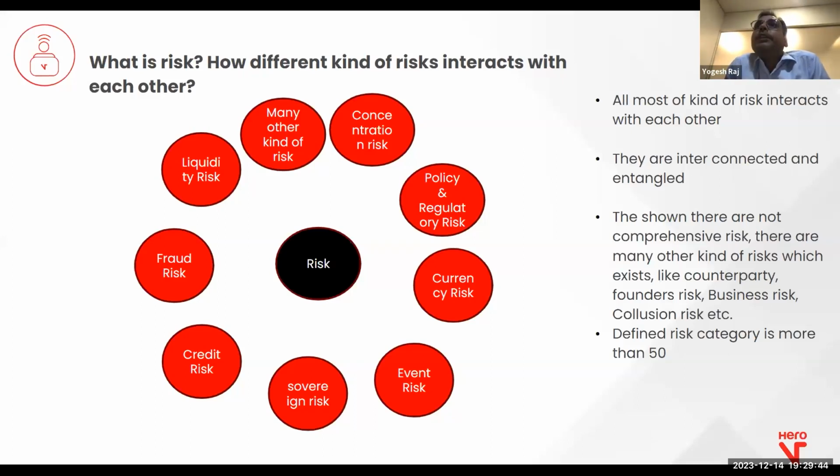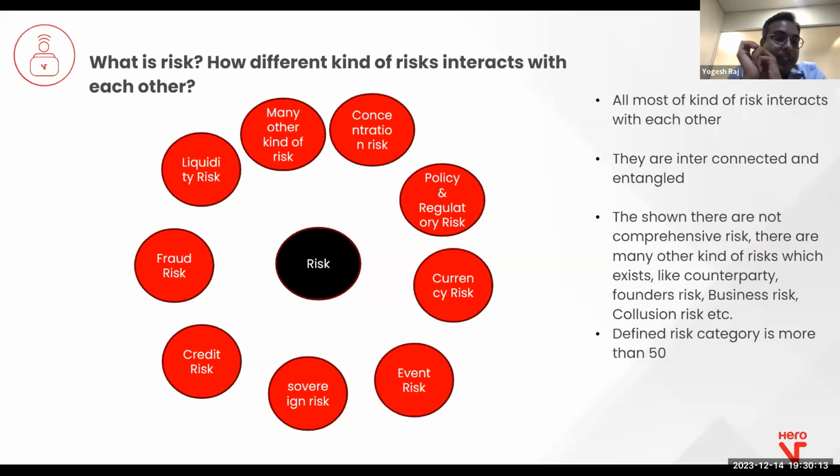Because of the COVID event, many persons' businesses have gone, or many people have lost their jobs. Since they do not have money, it's difficult for them to repay, so you can clearly see that one event is interacting with credit risk. Certainly, the banks who have lent to customers or businessmen are not getting back the money.